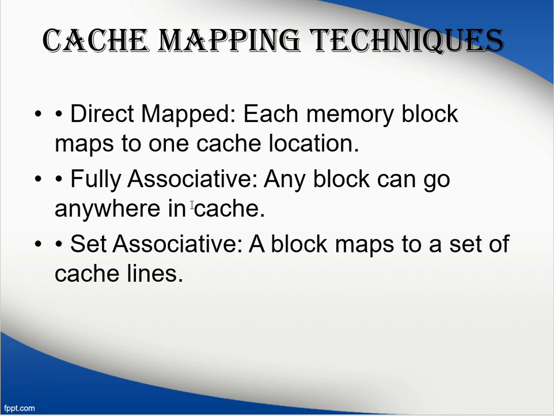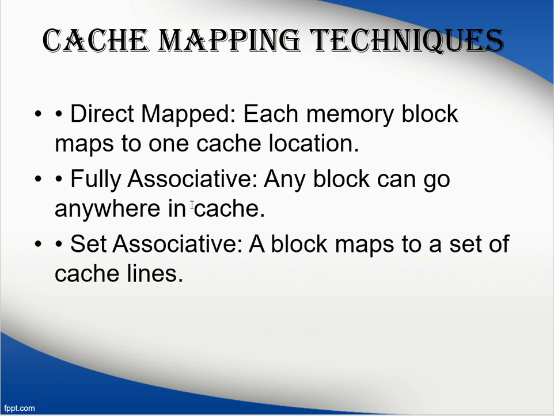Now let's move on to the set associative. The set associative cache mapping can be viewed as a compromise between direct mapping and fully associative mapping, in which each block is mapped to a subset of cache locations.